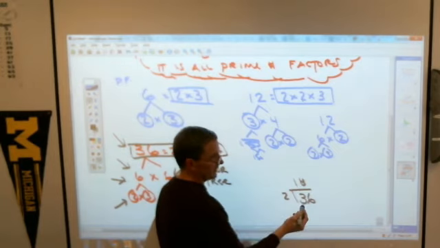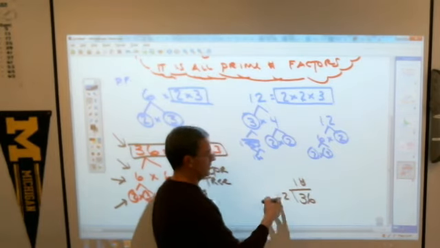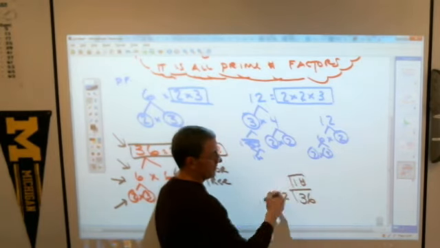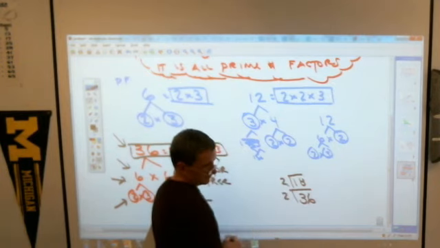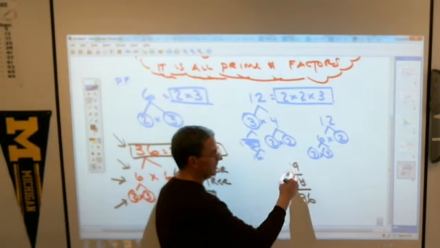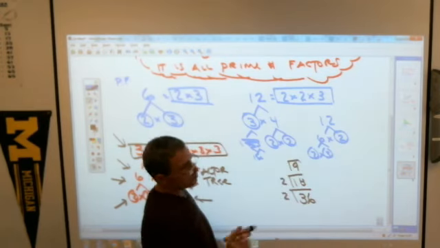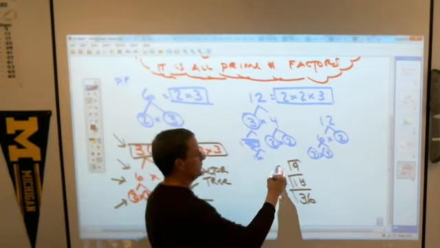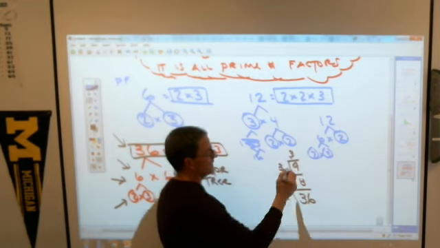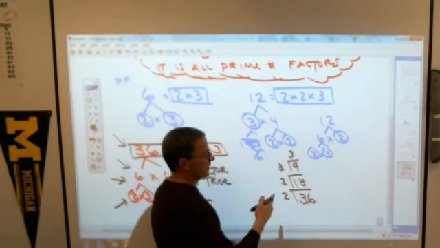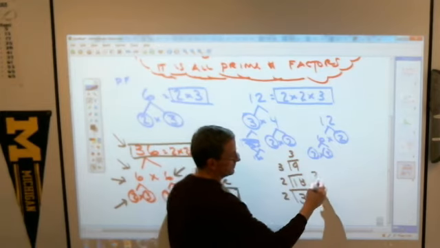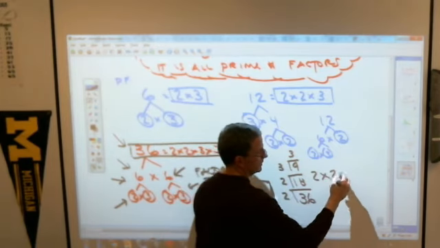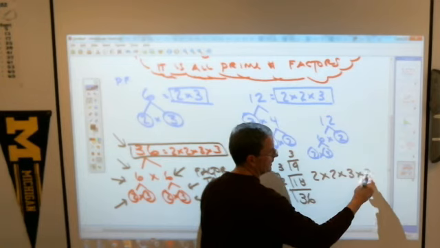And then I keep doing that same thing until I get down to just prime numbers. You have to divide by a prime number, and 18 can be cut in half again. It's 2, and you end up with a 9. 2 doesn't go in 9, but what prime number does? 3. And you end up with a 3 at the end here, and that's prime, so you stop. You end up with 2 times 2 times 3 times 3. It's the same answer, just done a little different way.